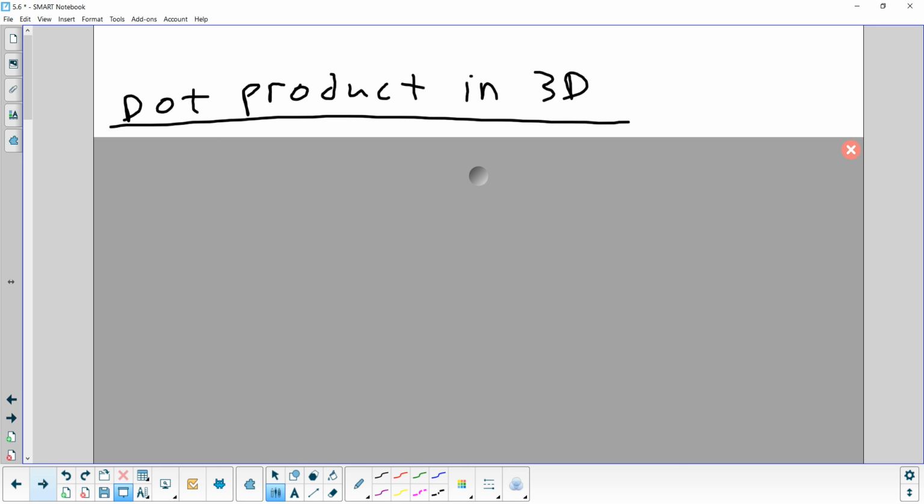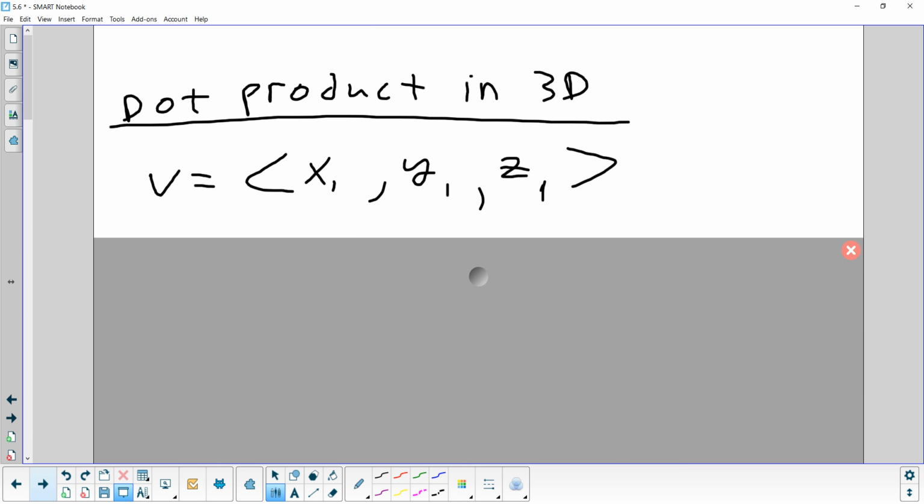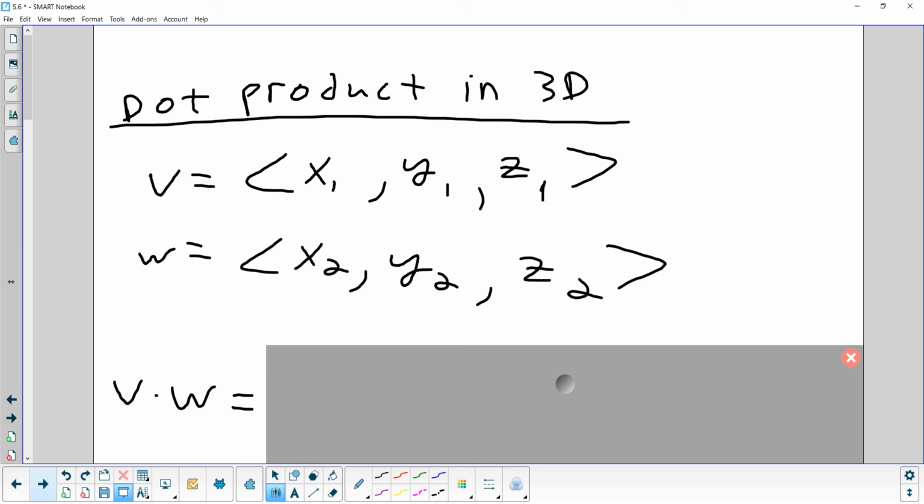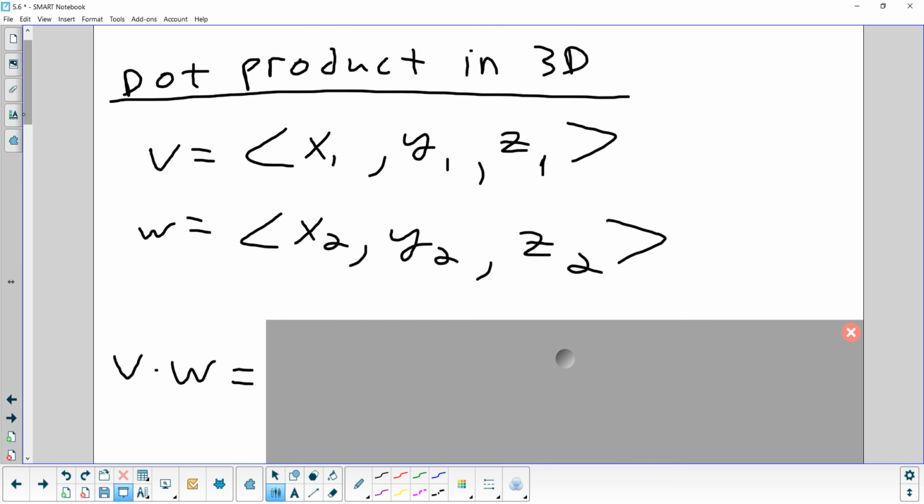Dot product. So let's take a look at how to do a dot product in 3D. It's going to be exactly what you would think it would be, just extending the 2D version. Since we just did this one yesterday, I'm not going to write the formula in 2D and put recall because we just did it.